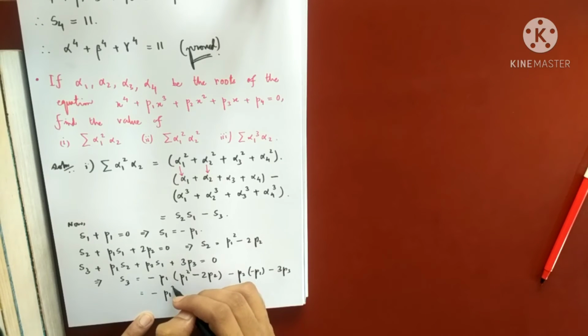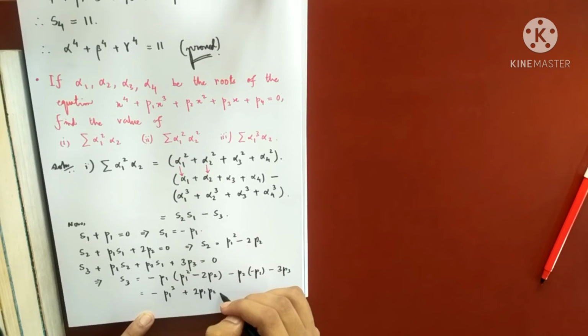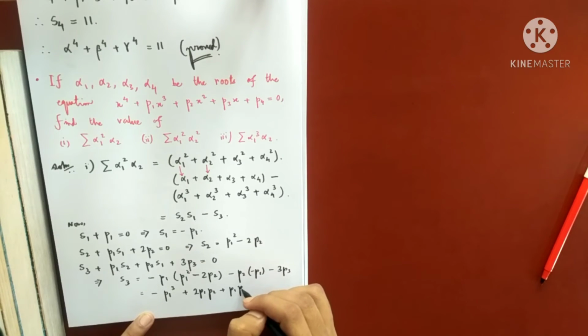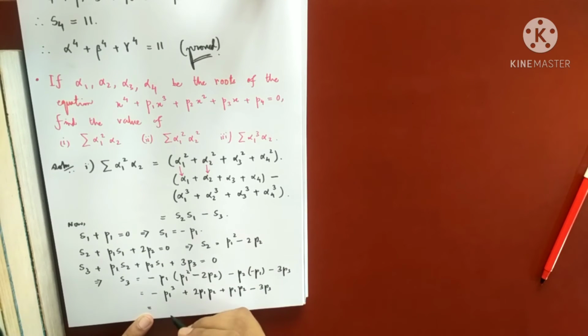Minus P1 cube plus 2P1 P2 plus P1 P2 minus 3P3. So what is the answer? It is 3P1 P2 minus P1 cube minus 3P3.